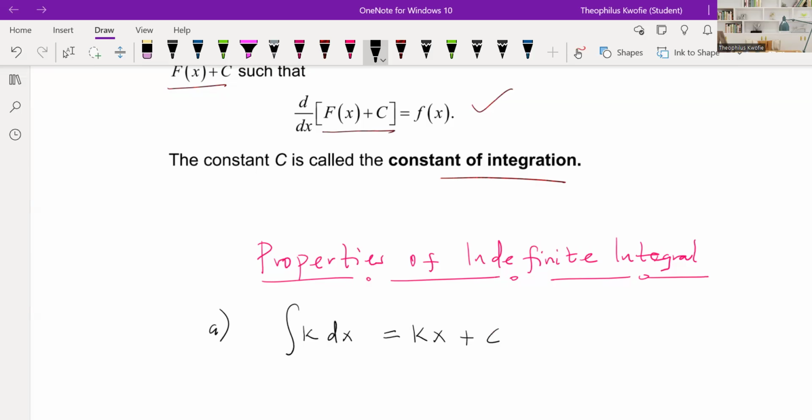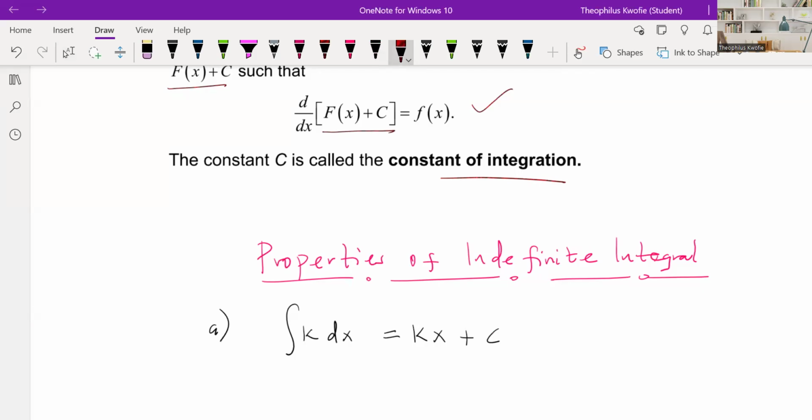But how do we get this? As I mentioned, the antiderivative is the reverse of differentiation. So how are they related in some way? This is how they are related.